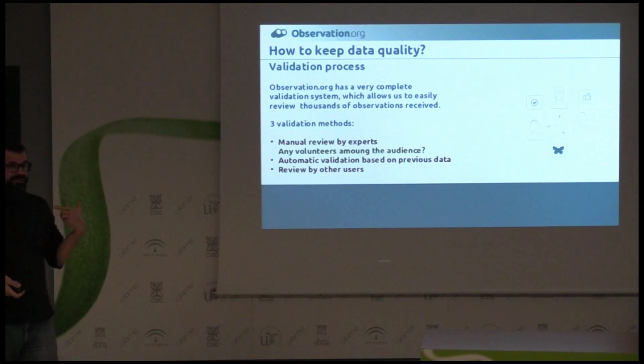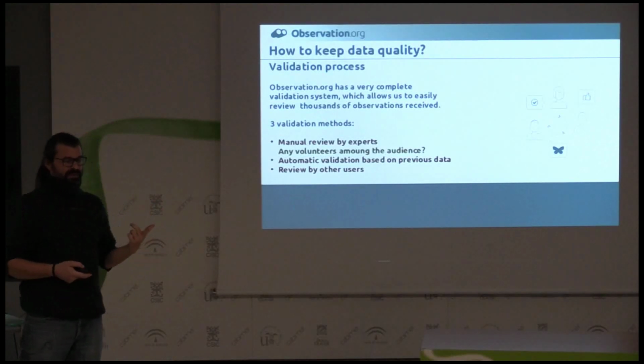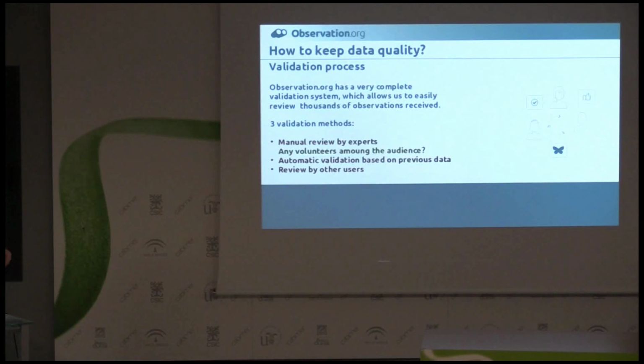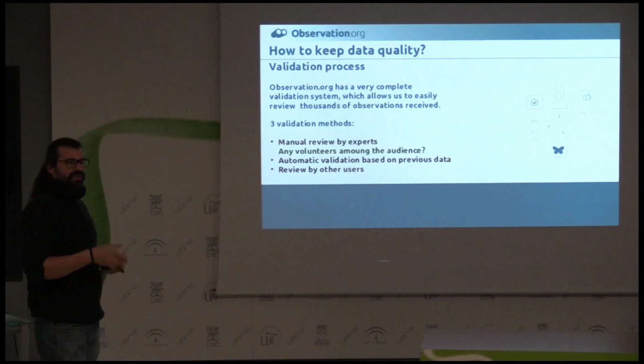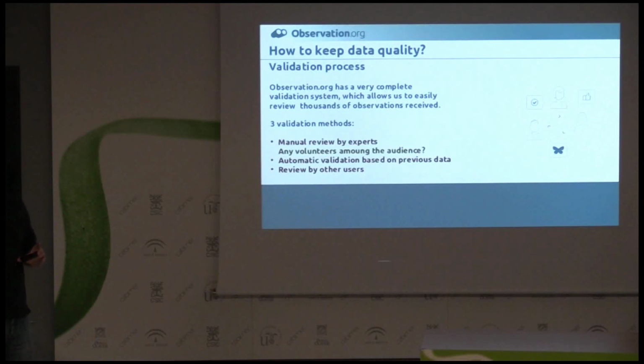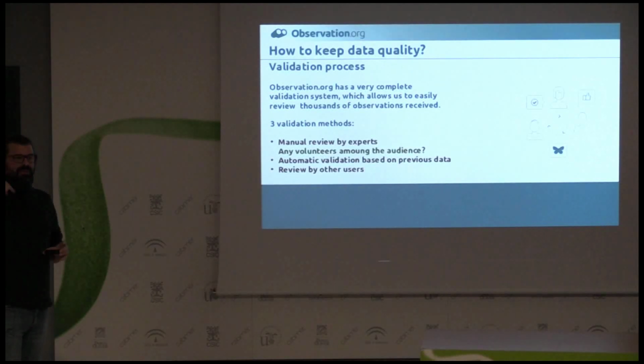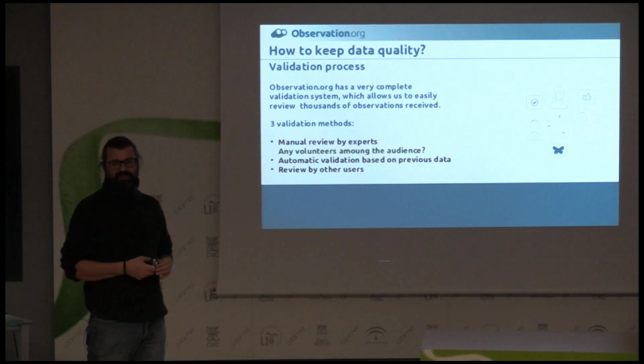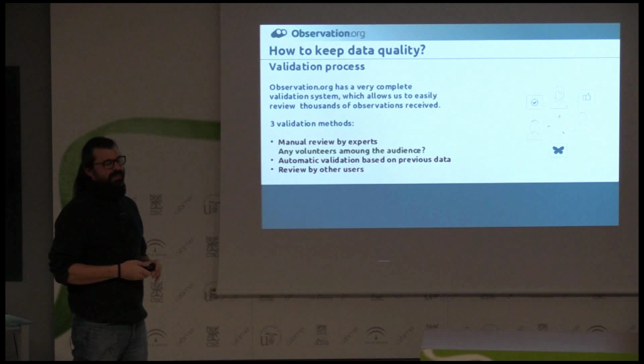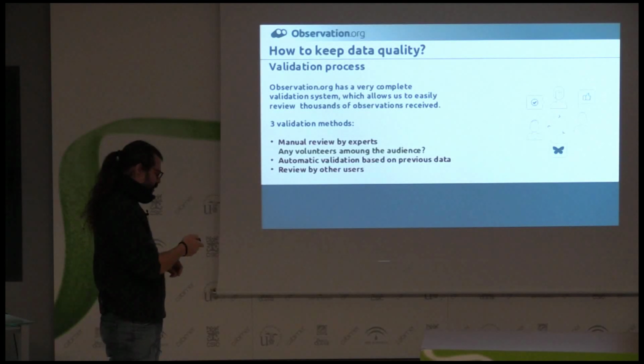And at the end, we have users reviewing observations, because you are checking information and you can send a warning to the reviewer saying, this is wrong, I think this is another species, so there is an interaction. Also, we have some kind of poll system. So once a lot of people have warned about one observation, it may even be marked as a wrong observation.